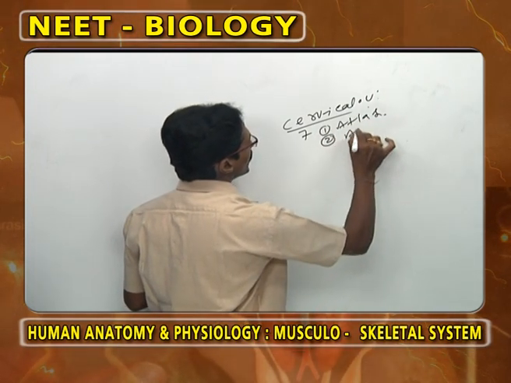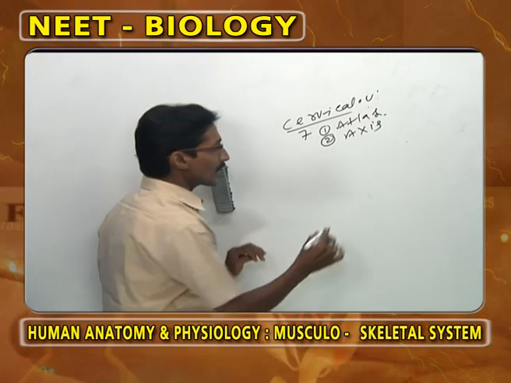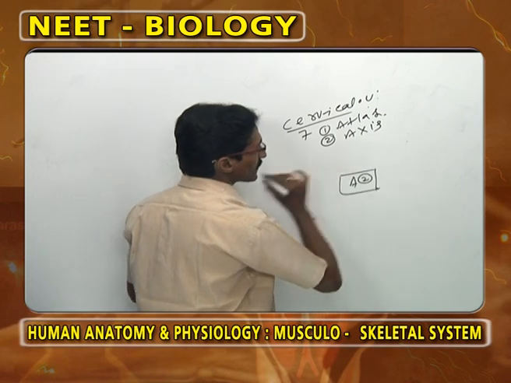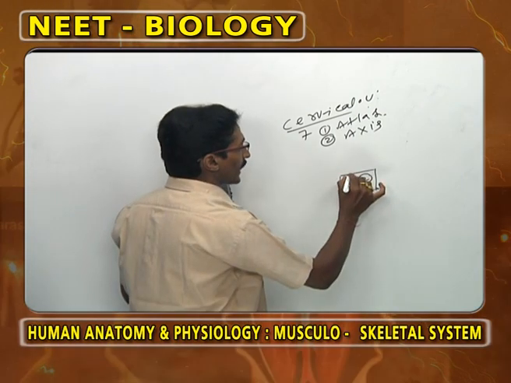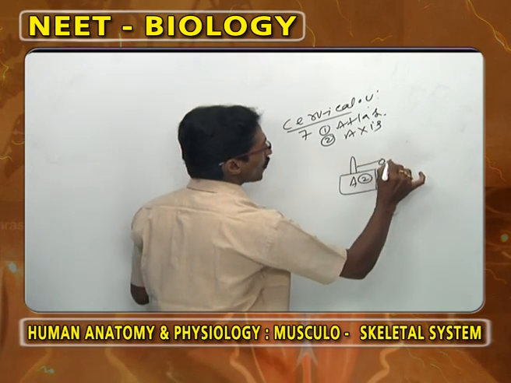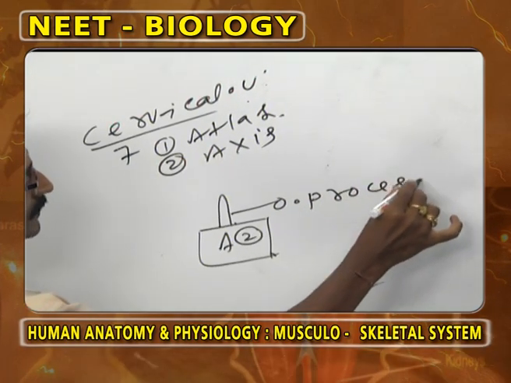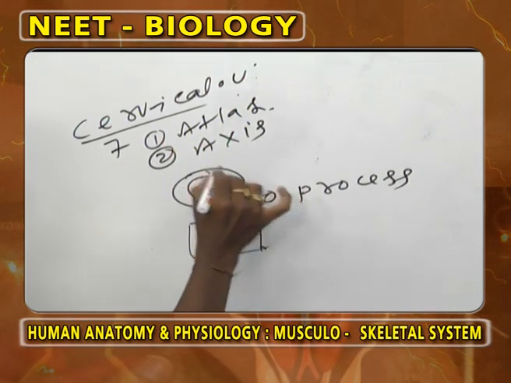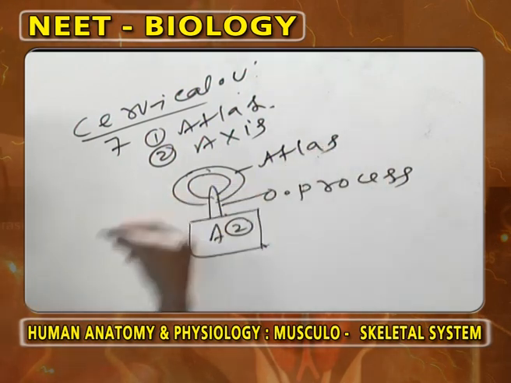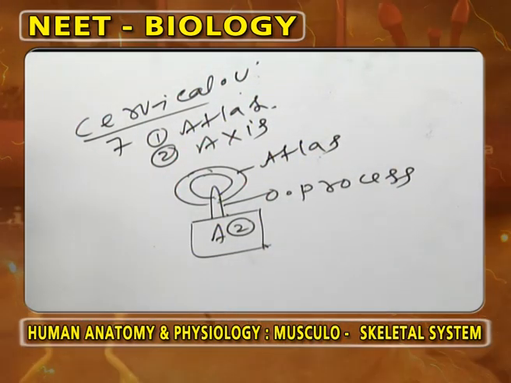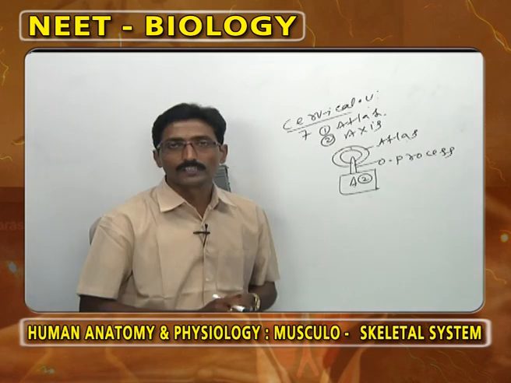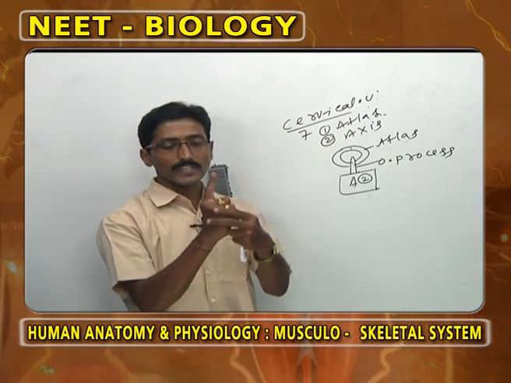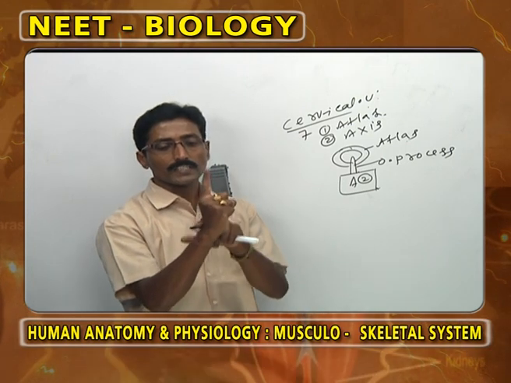The second cervical vertebra is called axis. It has a projection called odontoid process. Now, this is the ring-like atlas. On the atlas, what is present? The head.